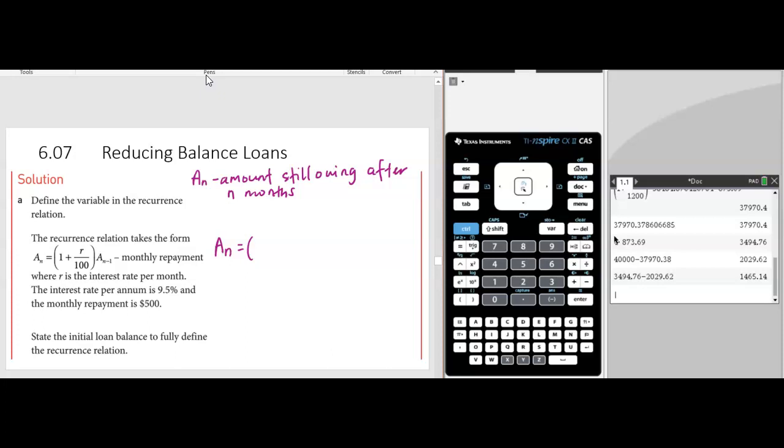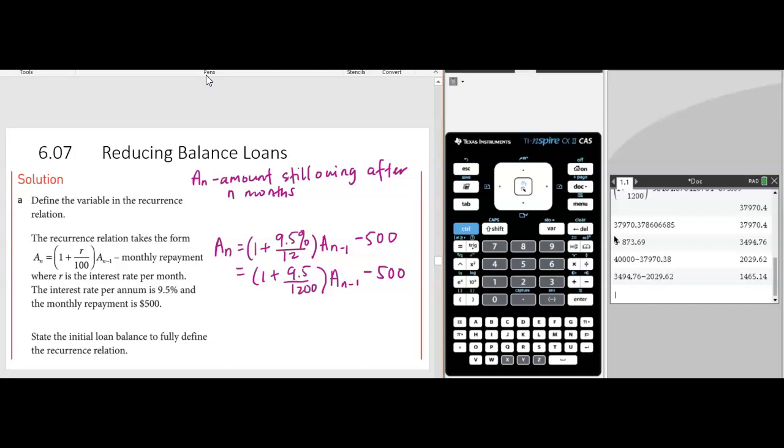In this case, it's your monthly interest, so 9.5% over 12, and then A_(n-1). How much is your monthly payment? 500. Now for the percent, I have to break it into 9.5 over 1200, then minus 500.